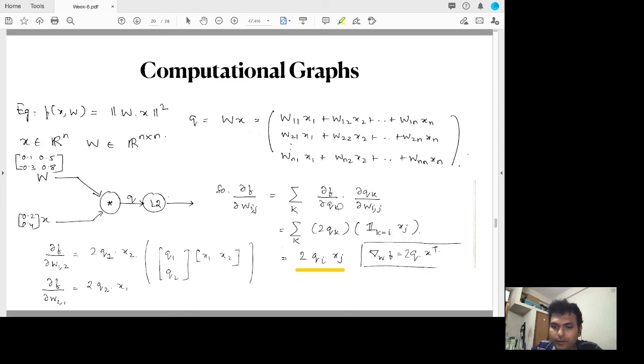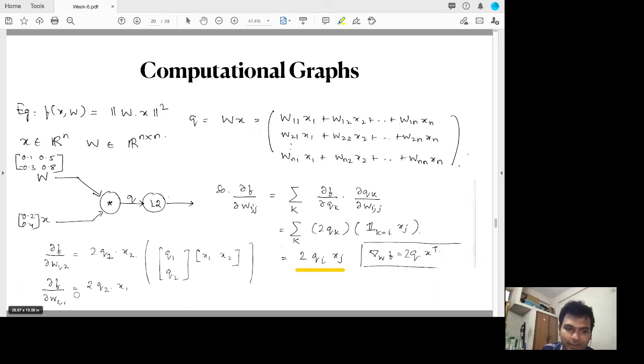Okay, so this will require a little bit of linear algebra, and this is precisely the reason why I did not show the entire backpropagation algorithm, because that uses this extensively. I will not go into the details, but you can just take it from me that 2qi into xj can be written in a matrix or vector form as 2q into x transpose.